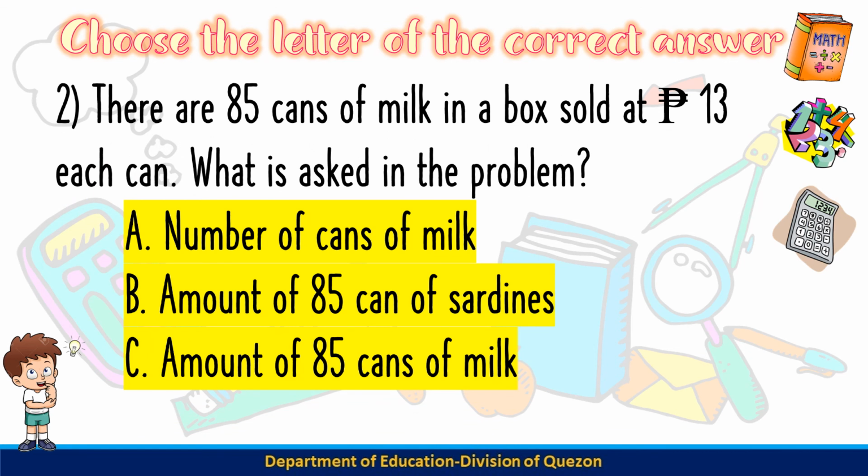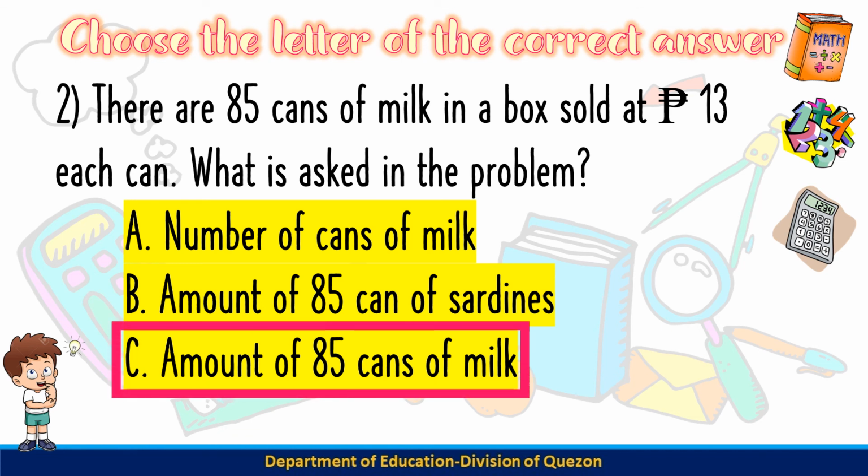There are 85 cans of milk in a box, sold at 13 pesos each can. What is asked in the problem? A. The number of cans of milk. B. Amount of 85 cans of sardines. Or C. Amount of 85 cans of milk. The answer is letter C. Very good. Amount of 85 cans of milk.